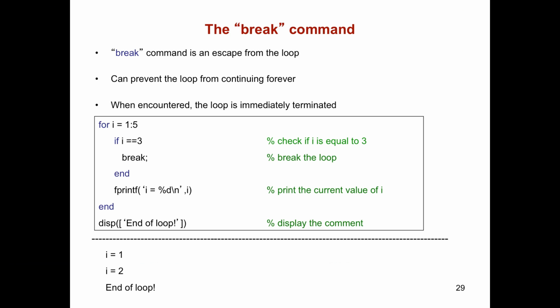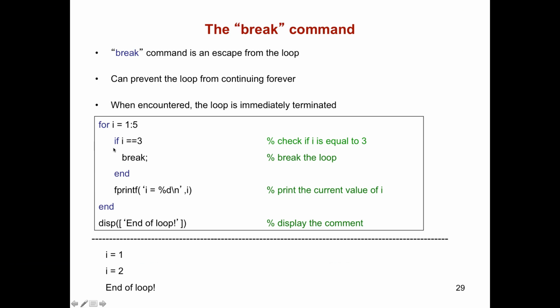So basically you're using if formulation. Try this example. It is going to iterate through 5 elements, and the moment i is equal to 3, I'm going to break. That means that I'm just going to exit the loop.